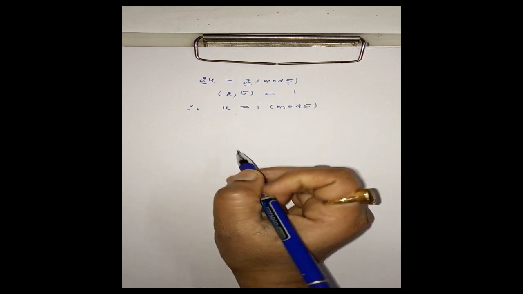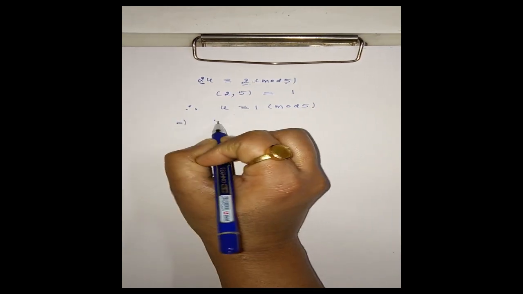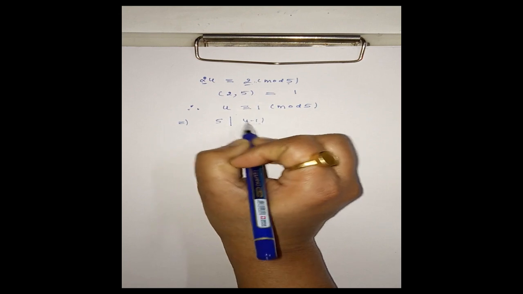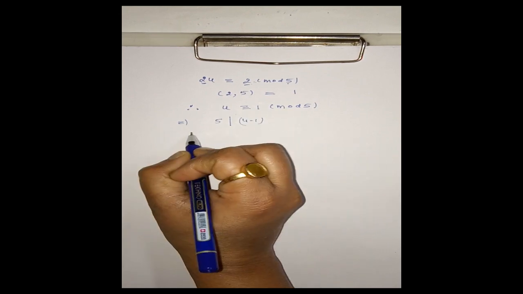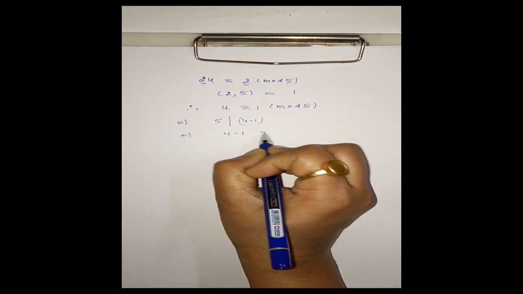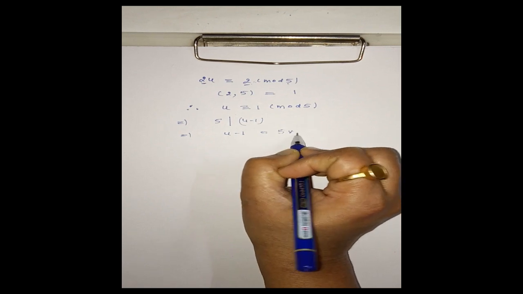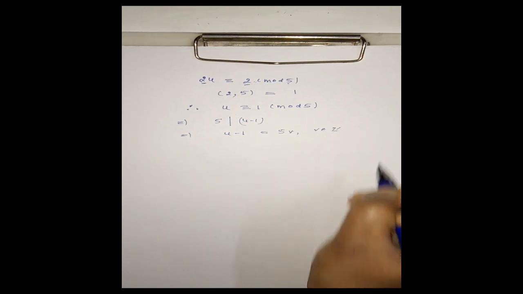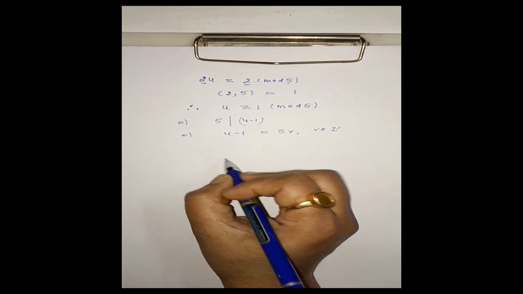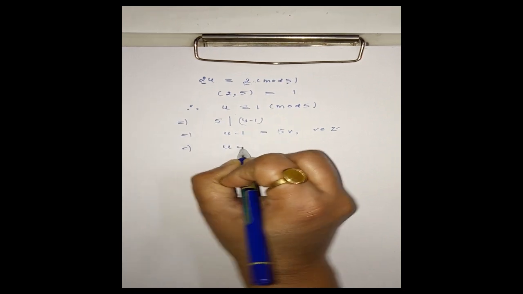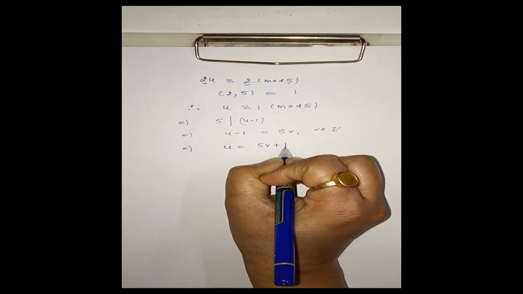Clear? Now from here we have 5 divides u minus 1. By definition, this implies u minus 1 is equal to 5 into v, for some integer v. This implies u is equal to 5v plus 1.